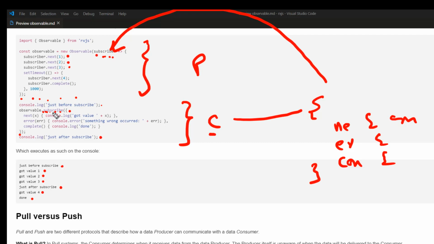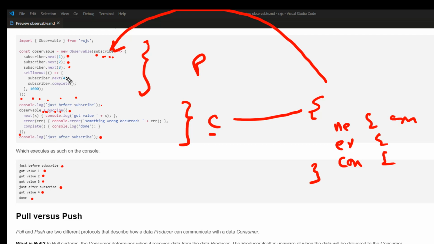The second important point, are the observables sync or async? As you can see, the first 3 next calls were sync. Sync means as soon as they are called, the execution happens immediately. Next call, immediately this function gets invoked and called. In between, we had some setTimeout. The setTimeout schedules it for future execution.